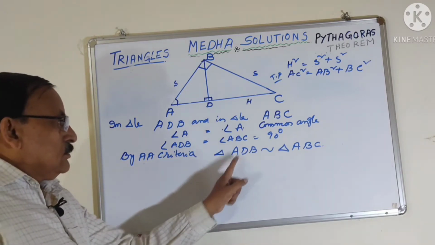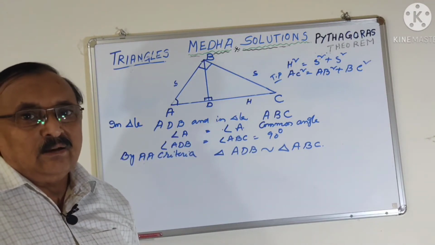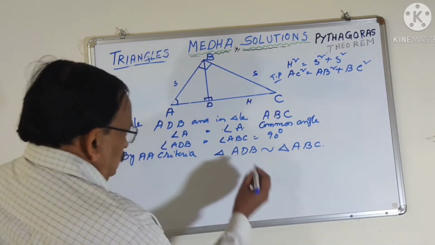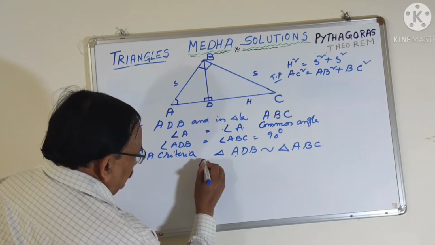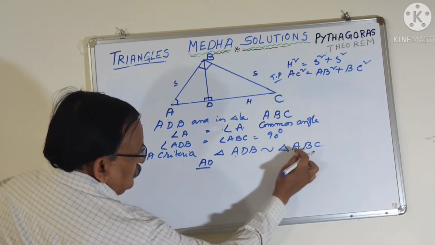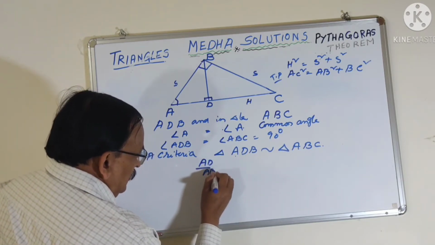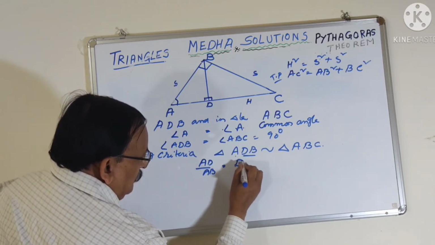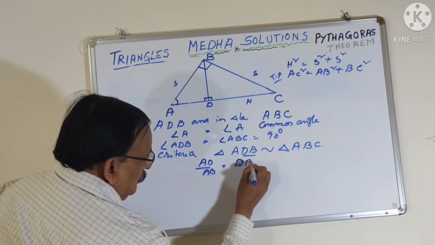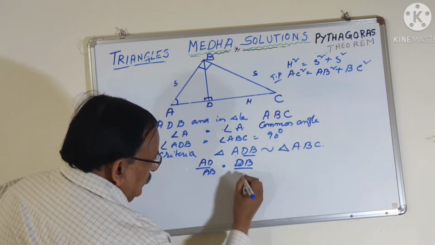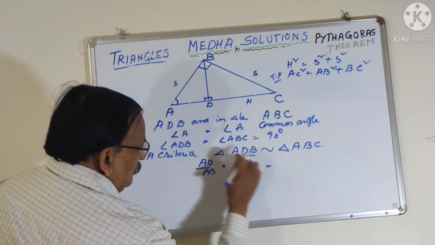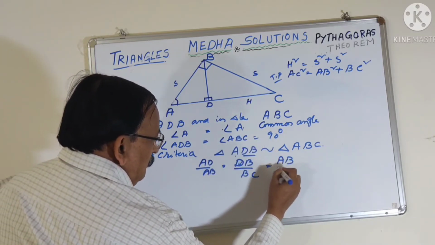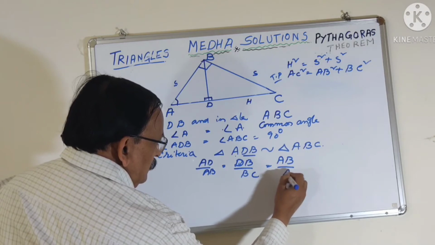Now here two triangles are similar, and then we have to write the ratios of the sides. First two letters AD by first two letters AB is equal to second two letters DB by second two letters BC is equal to third side AB by third side AC.